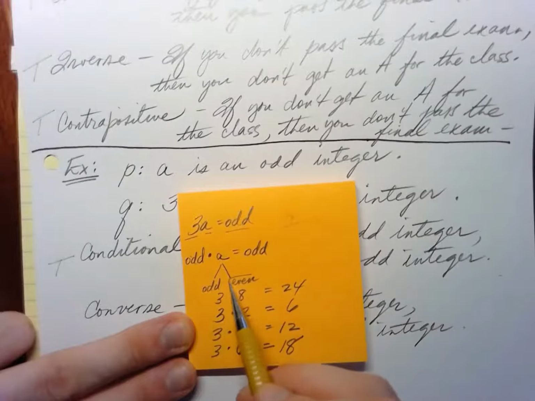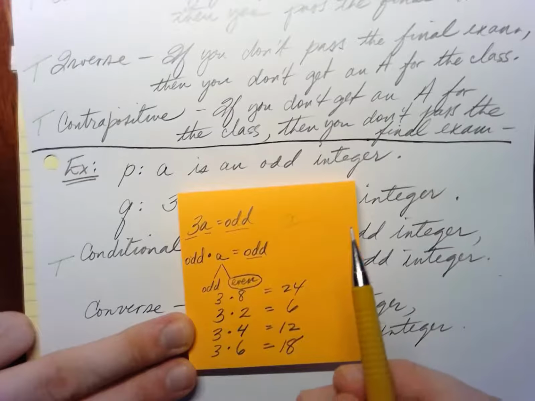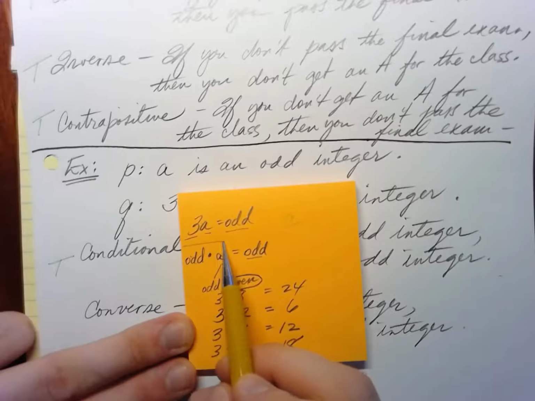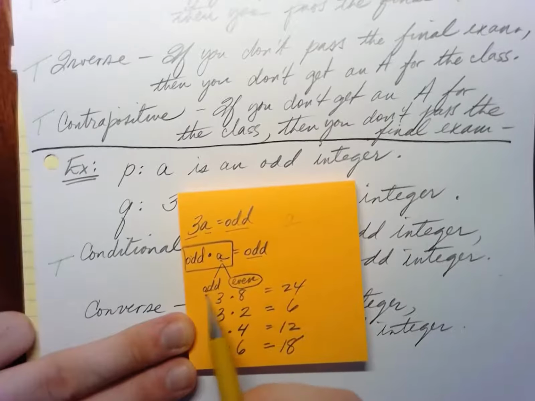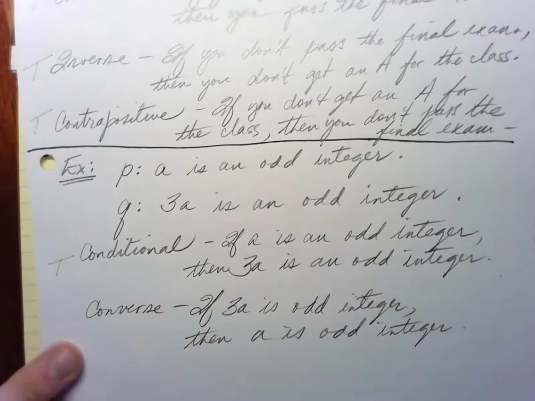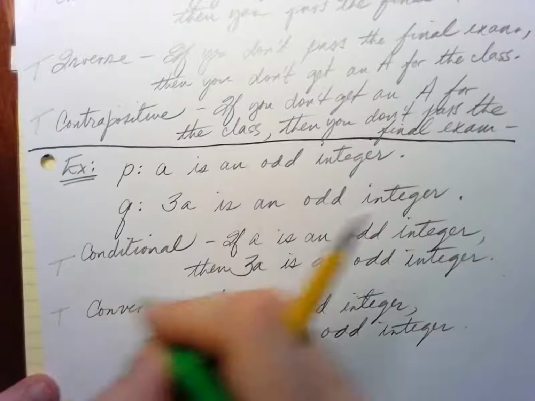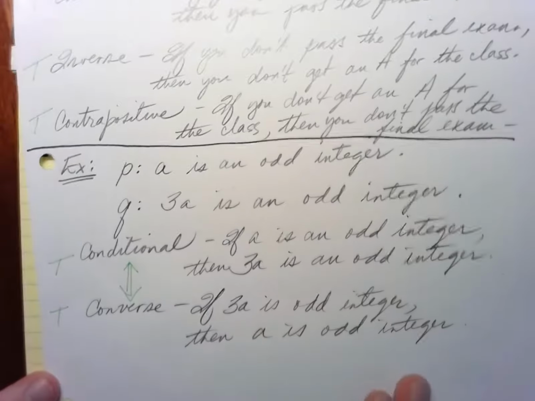So if A was even, then the answer is going to be even. Okay? All right. So if 3A is odd, it's going to have to be because A was odd. So if 3A is odd, then A is an odd integer. That's also true. That shows that this is a biconditional, and I can write it either way.